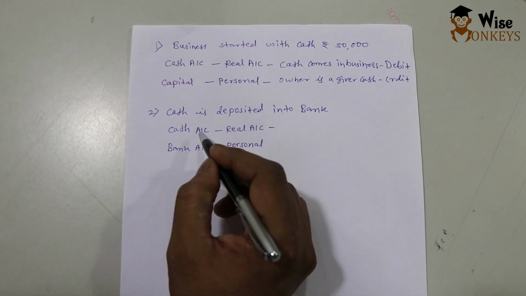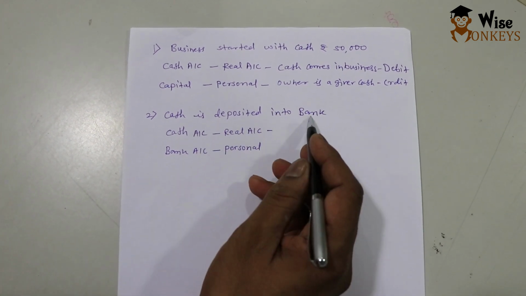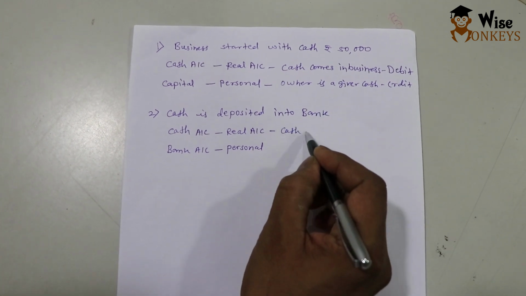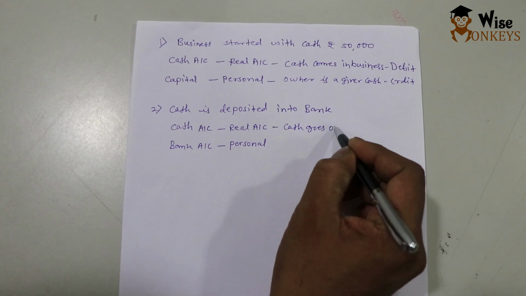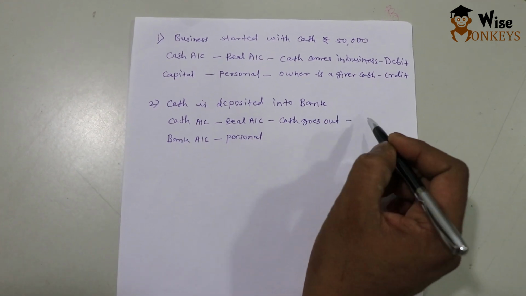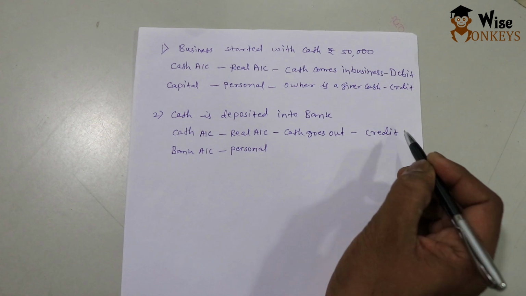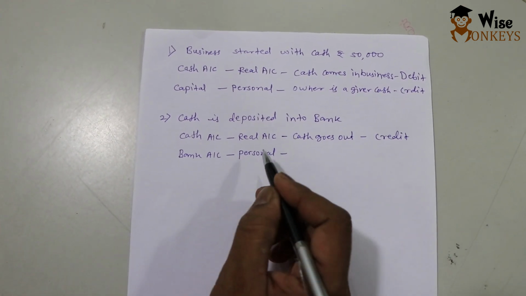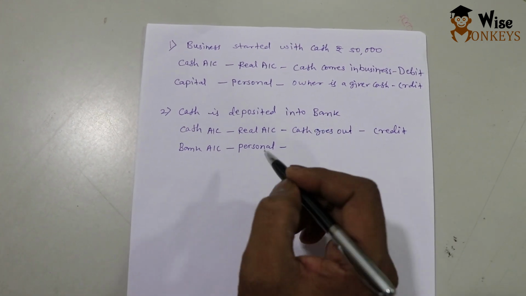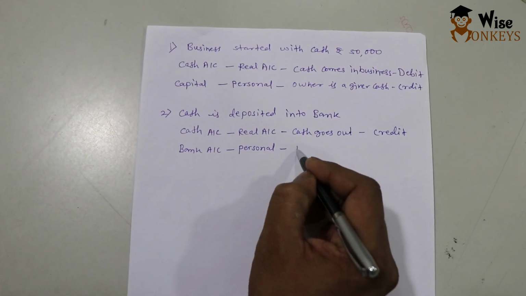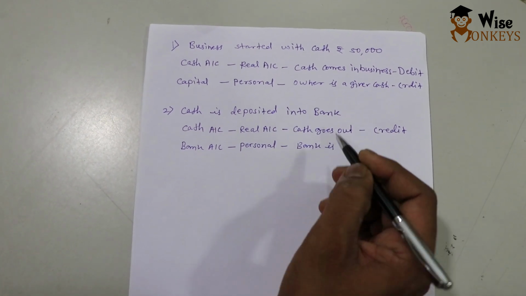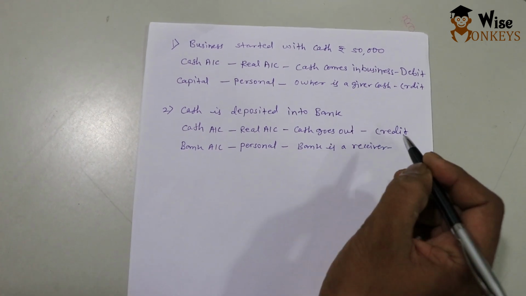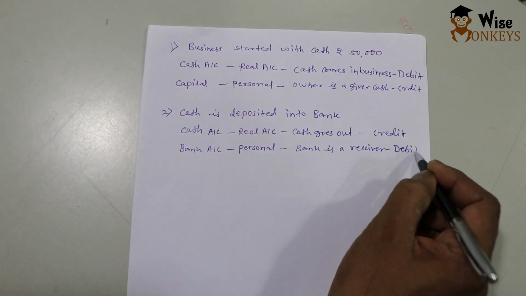So what is happening here with cash? We are depositing cash into bank. That means cash goes out from the business, so we have to credit it. Whereas bank account is a personal account. Bank is the receiver of the money, the cash which we are depositing. So bank is a receiver, and this account has to be debited.